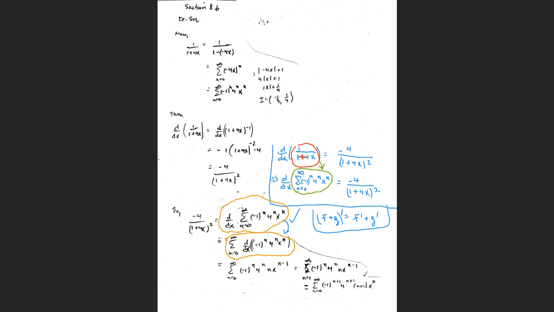But inside, we have the derivative with respect to x of -1 to the nth power times 4 to the nth power times x to the nth power. Do the -1 to the nth power and the 4 to the nth power depend on x at all?